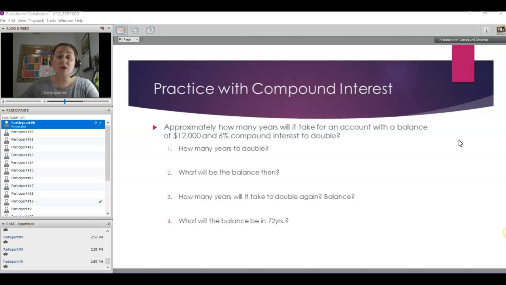First of all, we need to know what our interest rate is, and our interest rate is 6%, so it's right there. And we need to know that our principal balance is $12,000. So with knowing that, I'm going to go ahead and do the rule of 72. So 72 divided by 6. I didn't convert it.